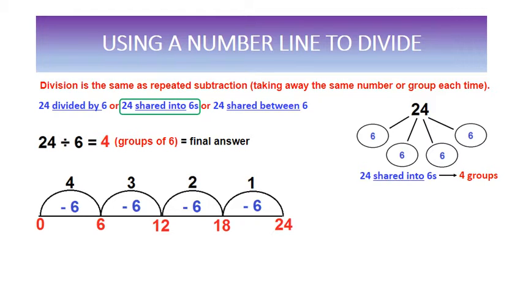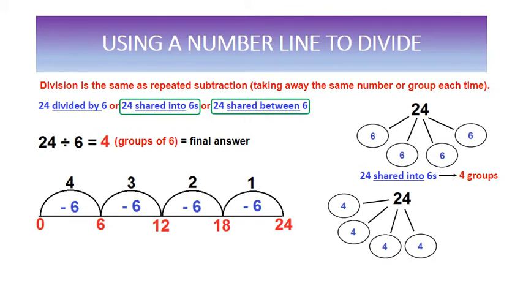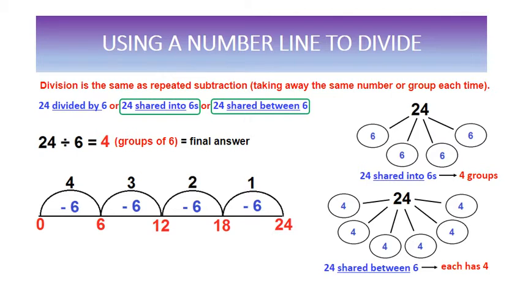So perhaps there are 24 pieces of pizza and we share them between 6 people. How many pieces are they each going to get? And there, if we count up in our 4 times table, that will make 24. So each person has 4 pieces of pizza.